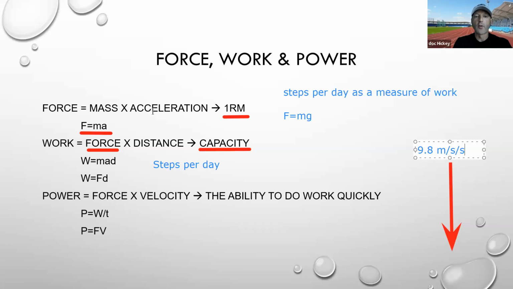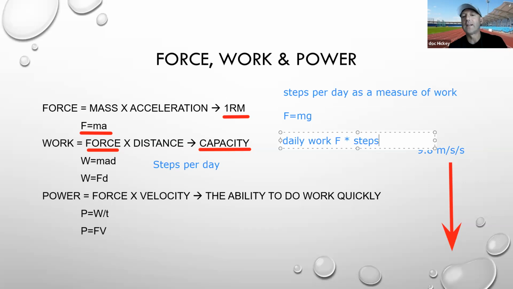And then the other thing that we look at is our distance. So now we have force equals mass times gravity. And when we look at our daily work, it would just be force times steps.